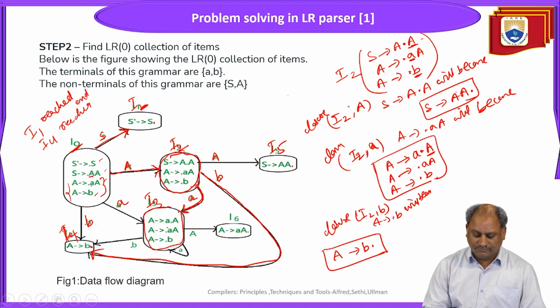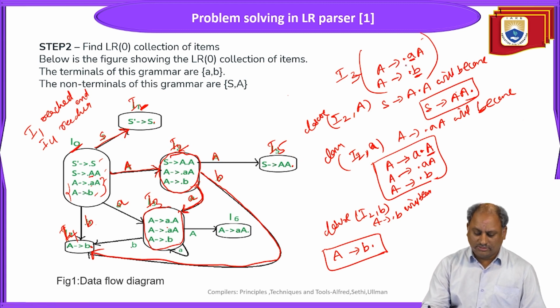Similarly, we have to perform I3. I2 we have completed, so we got I5. I5 needs no further processing; it can be stopped as it is.